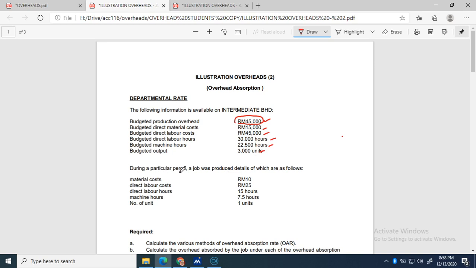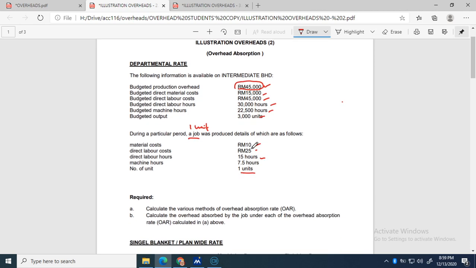So during the period, a job, which means only one unit of job producing, uses material cost 10 ringgit per job, direct labor cost 25, 15 hours of direct labor to produce the job, 7.5 machine hours to produce the job, and the number of units produced for that job is only one unit.